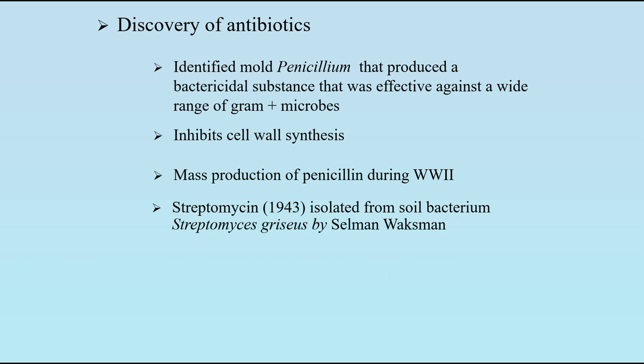So, this was another antibiotic which was isolated in 1943, and it was found that this antibiotic is bacteriostatic. So, penicillin was found to be bactericidal, which means that it was killing the bacteria, while streptomycin was found to be bacteriostatic, which meant that it stopped the growth of the bacteria.